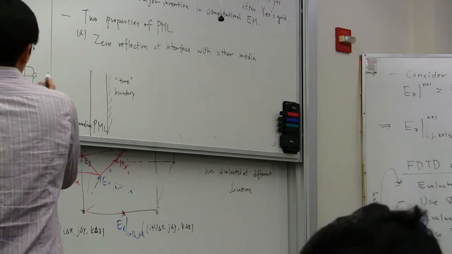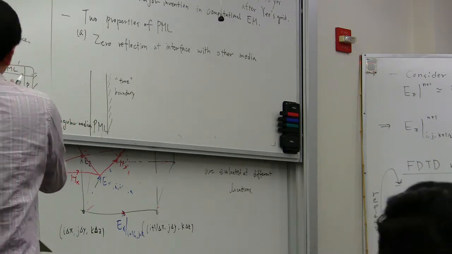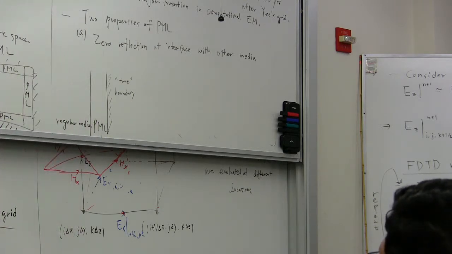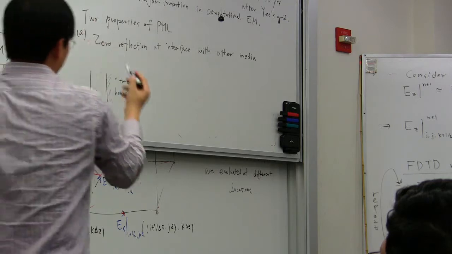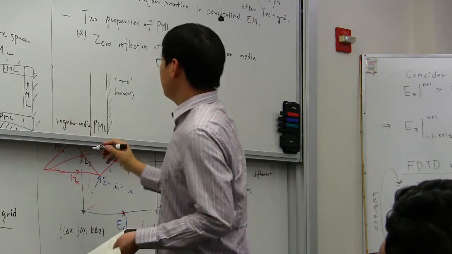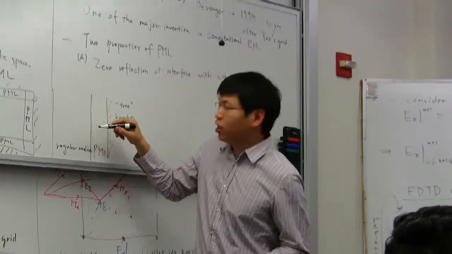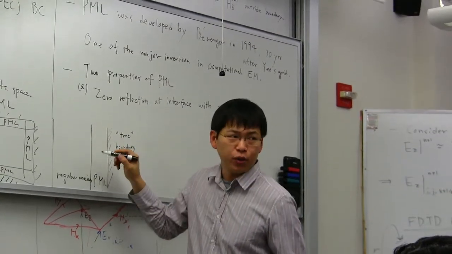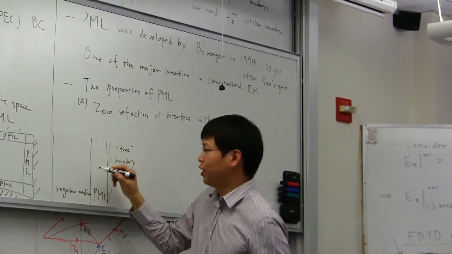Behind PML, there are actually either of these boundaries, the PEC boundary or periodic boundary. But anyway, let's say the wave is incoming to the interface between regular medium and PML.